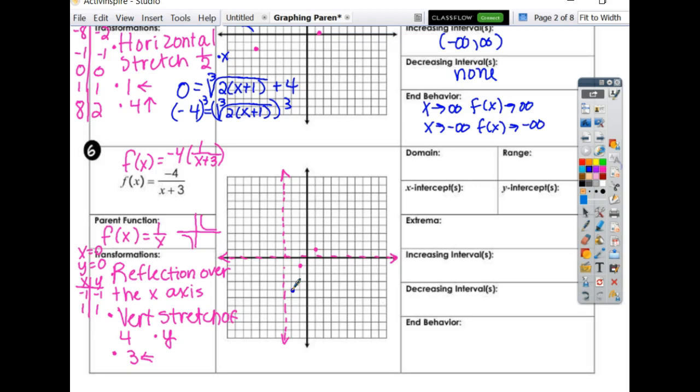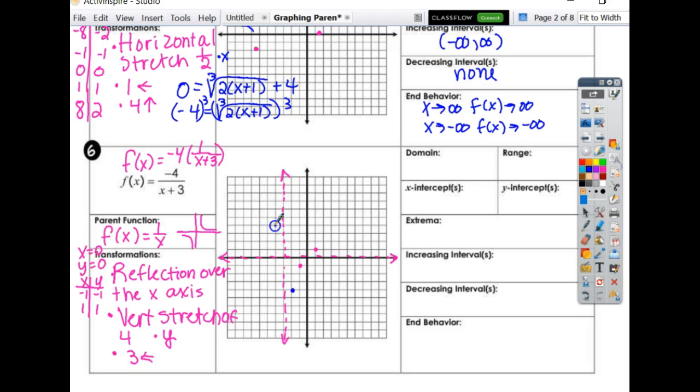So the -1, -1, if I reflect it over the x-axis, this point goes here. When I multiply times 4 in the y, I move to here. And then which way do I move? 1, 2, 3.